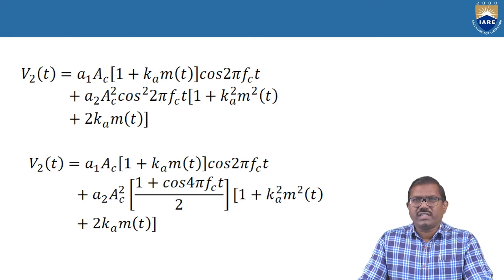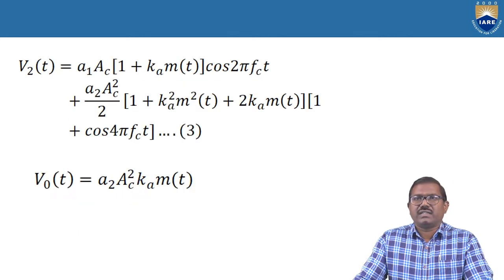In the whole equation, the term we take as output is A2 Ac square Ka m of t. Why? The low pass filter filters the high frequency components and allows only the low frequency component.